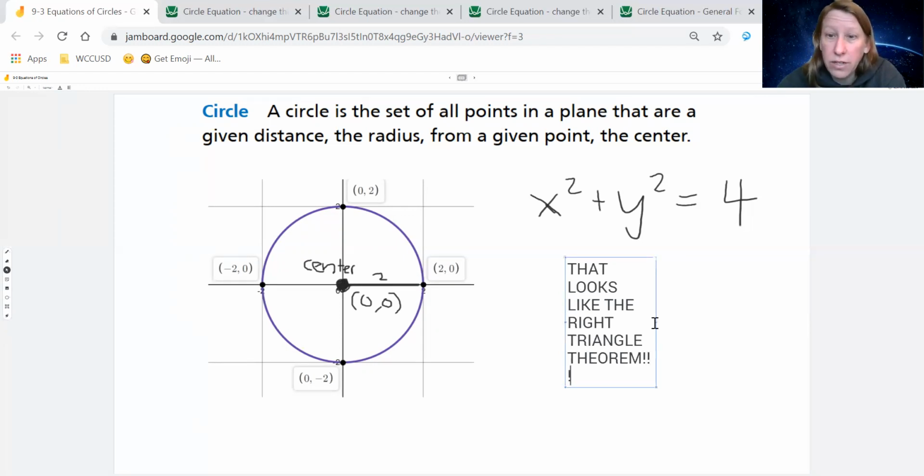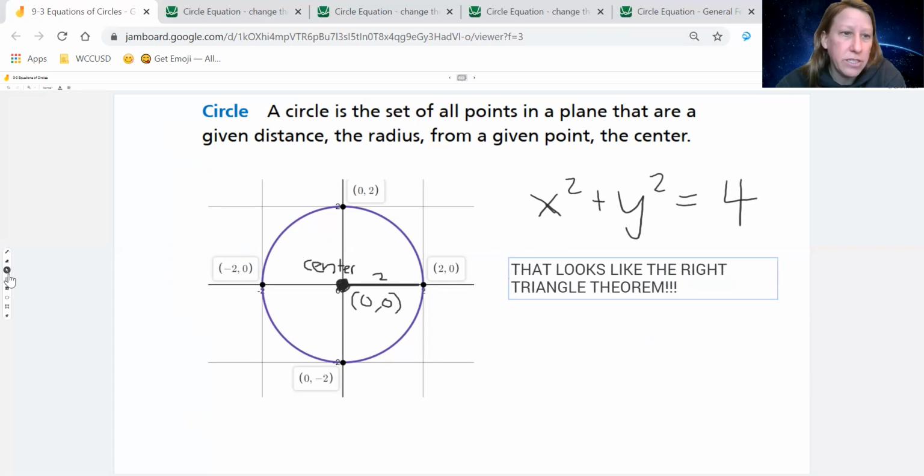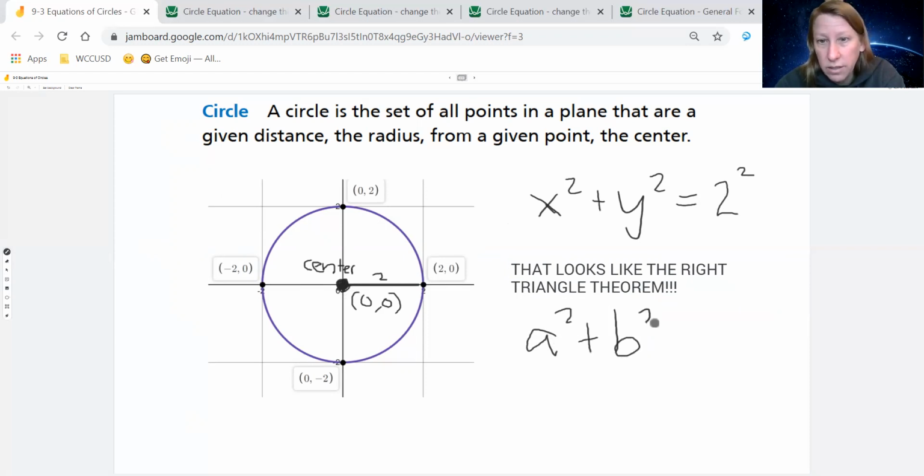That looks like the right triangle theorem. I could make it even look more like that if I change the 4 into what? I could change it into 2 squared. 2 squared is 4, right? And this has a 2 right here. What's the right triangle theorem? a squared plus b squared equals c squared.